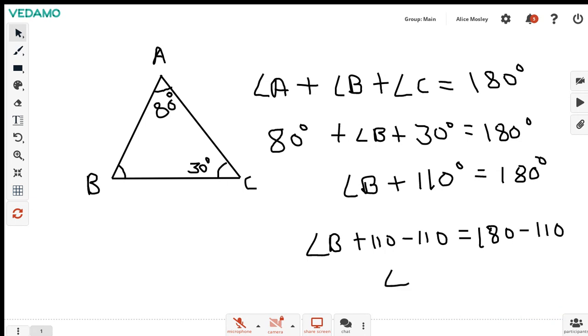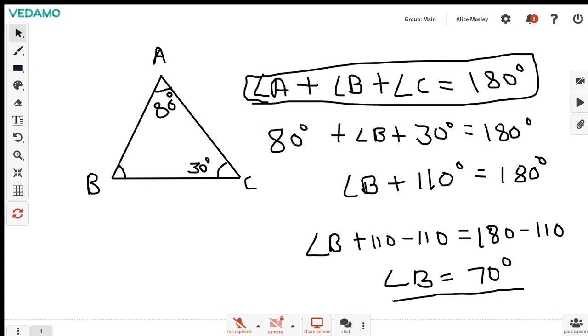So angle B will be equal to 70 degrees. This is how we solve. If we know two angles, we can always find the third angle, because the sum of the three angles of a triangle is always 180 degrees. You can write this down in your notebook.